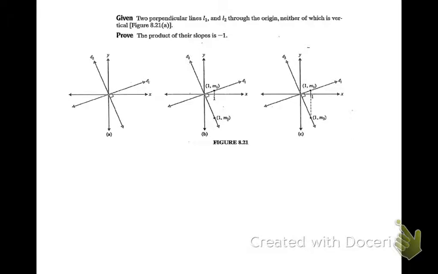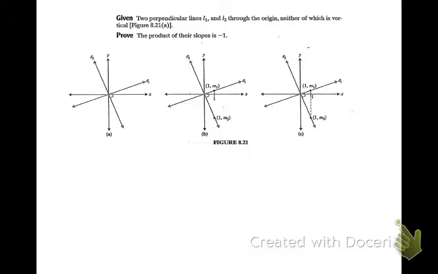So the y distance is M1. Then we're going to put a point down below, and we're going to have it be coordinate 1, M2. So it's a vertical line.